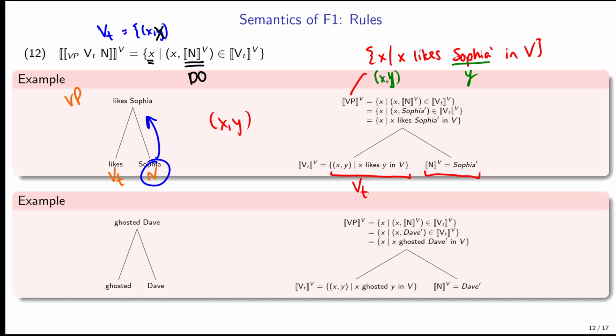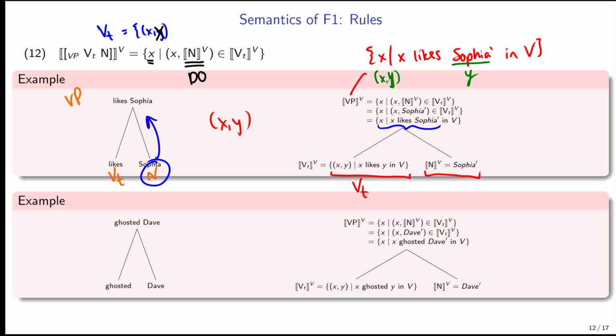Because we know the meaning of the noun is Sophia prime, we're looking for all the x's such that x and Sophia prime, that pair, are in the transitive verb. This is the same as paraphrasing it and saying that x likes Sophia prime in V. So we have our direct object, we put it in the pair because we know what it is, and now we're just looking for subjects.